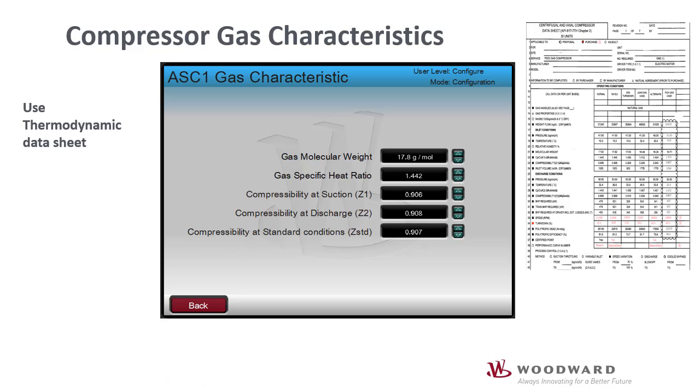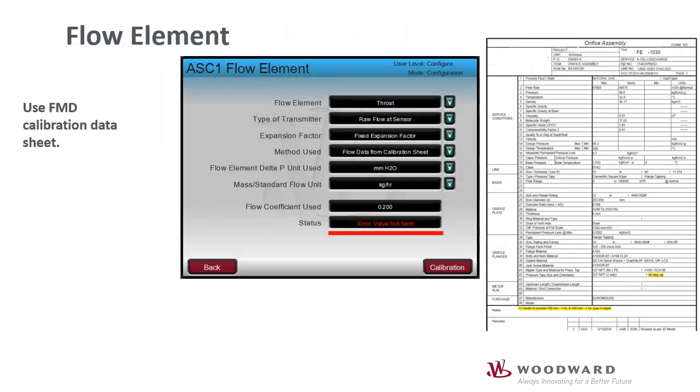The next topic will be to calibrate the flow element. Now if you go to the flow element, this is the default layout of the screen. Remember, we talked about the flow measuring device calibration datasheet. Now it is time to use this datasheet.